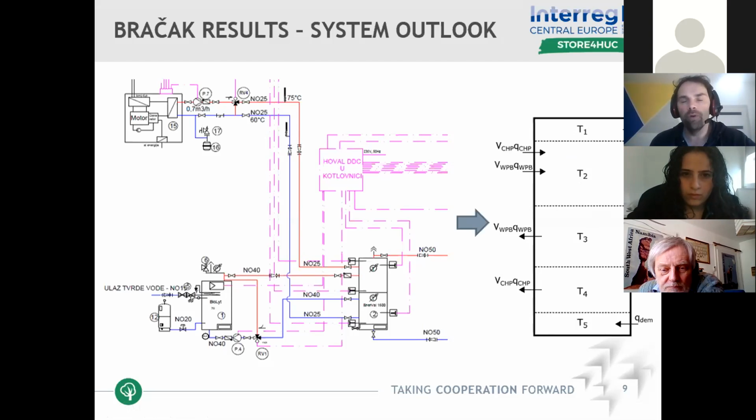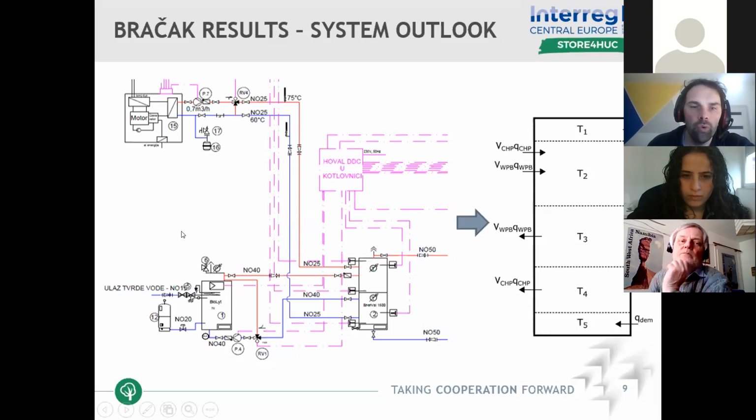Either the temperatures are supplied on these levels from heating sources, or the water for the heat sources is sourced from the storage on particular levels, and that's how we finally decided to have these 5 levels. But let's see what is connected to this storage in Bračak as heat sources.